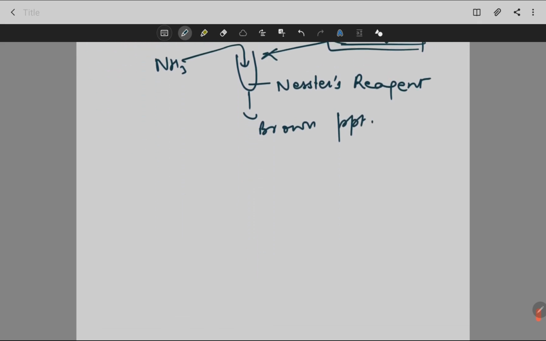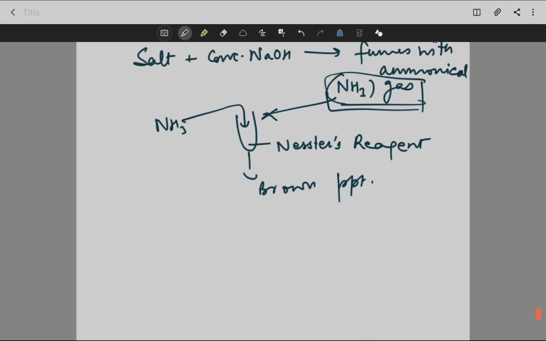So what is the chemistry behind it? Ammonia gas is formed, those fumes of ammonia gas we collected, and we are passing them through Nessler's reagent. What is the formula of Nessler's reagent? It is K2HgI4.